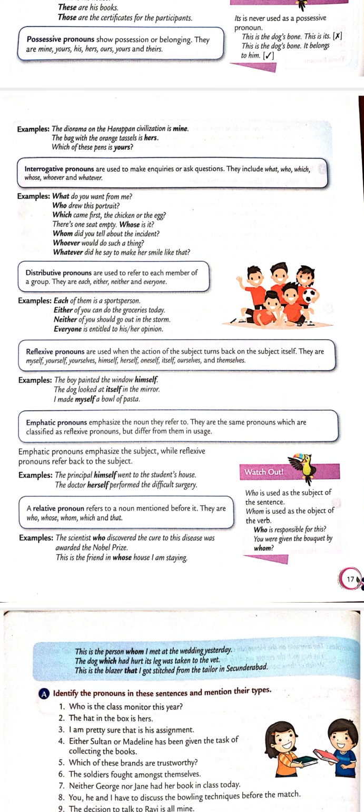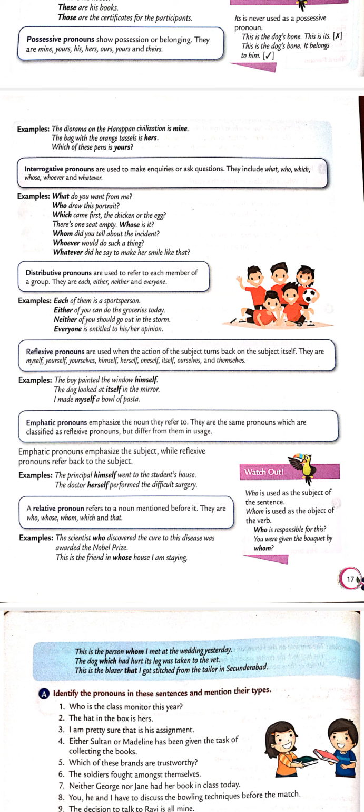Now, students, the last pronoun that is mentioned in your book is the relative pronoun. A relative pronoun refers to a noun mentioned before it. They are who, whose, whom, which, and that. The scientist who discovered the cure to this disease was awarded the Nobel Prize.